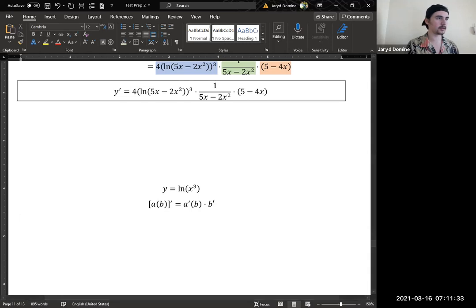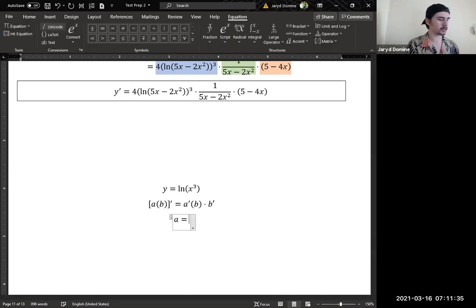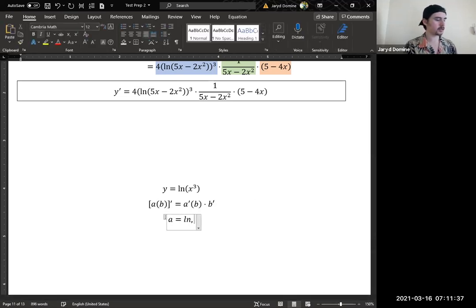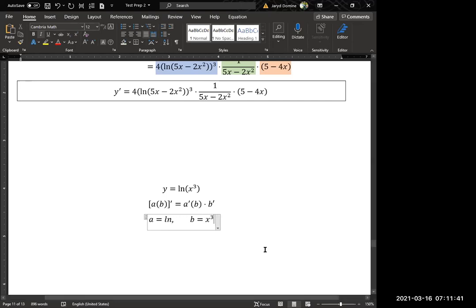So a is your ln, right? And then b is your x cubed. And we said the derivative of natural log is 1 over x, right? So it's just 1 over x times x cubed times 3x squared.